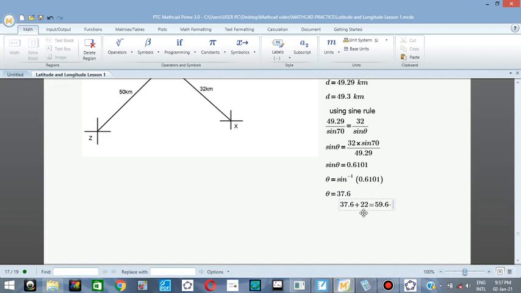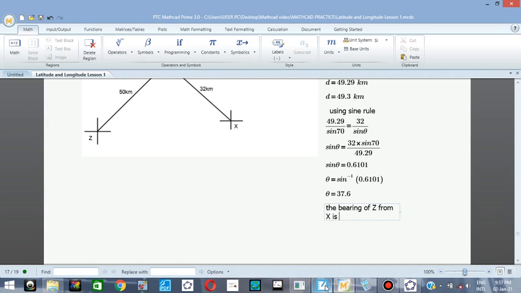So finally, you can just put the statement: therefore the bearing of z from x is this value we got here.